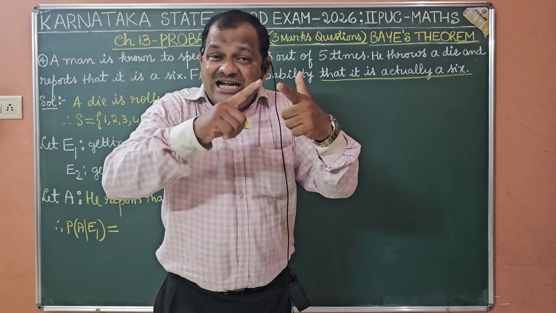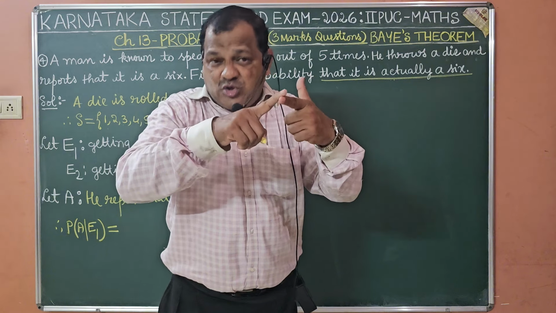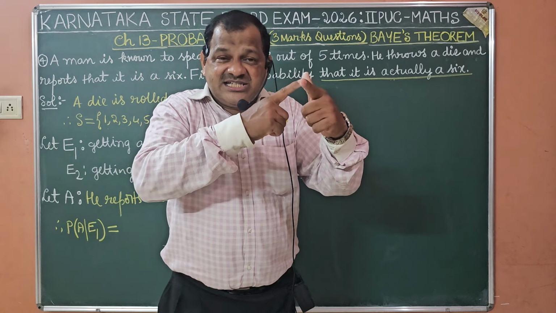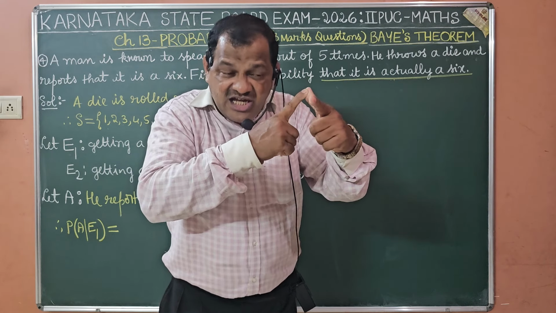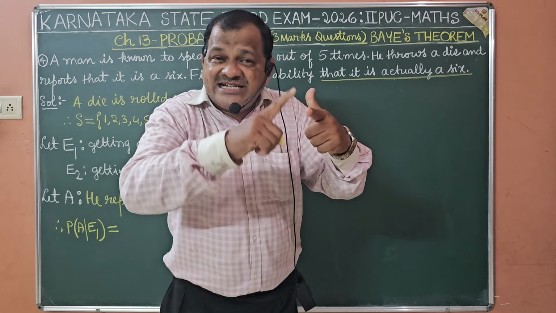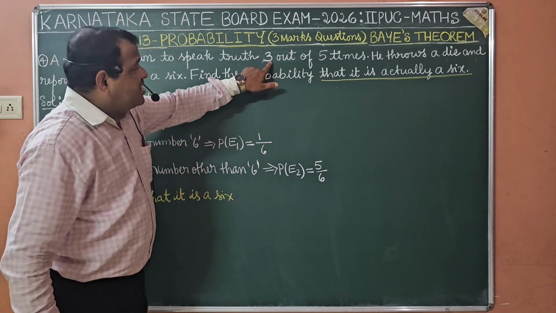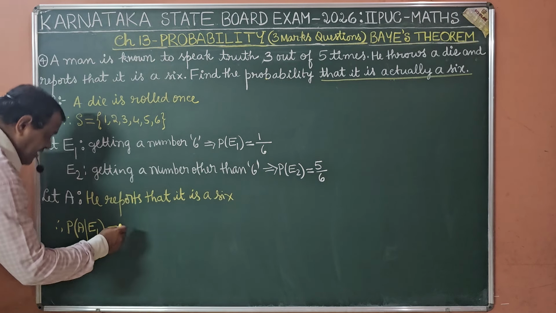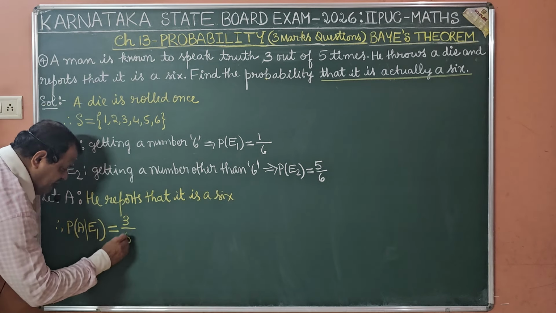That means it looks like he spoke truth. What is the probability that he speaks truth? It is given here as 3 out of 5, so 3 by 5.